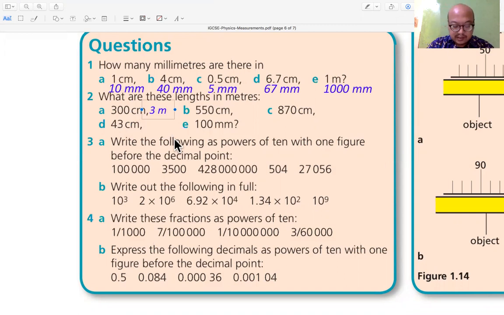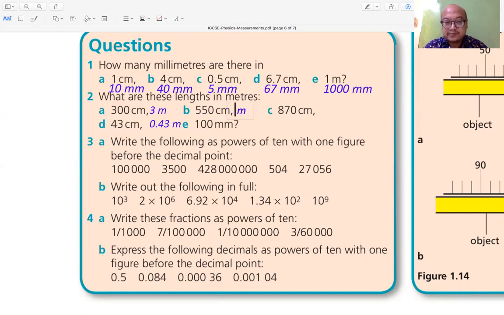Okay. Then what about 40 centimeter? We divide by 100 aja ya. Jadi 0.40 meter. Nah, and then what about 550?